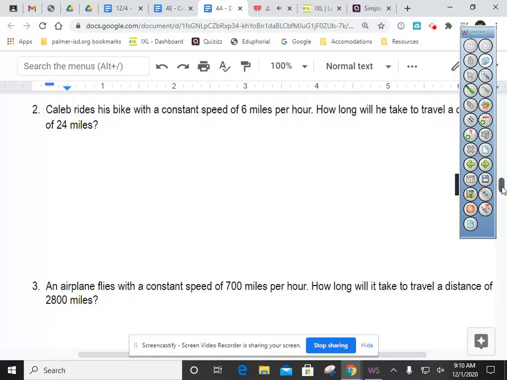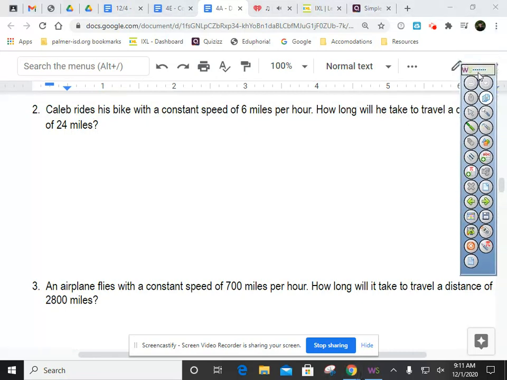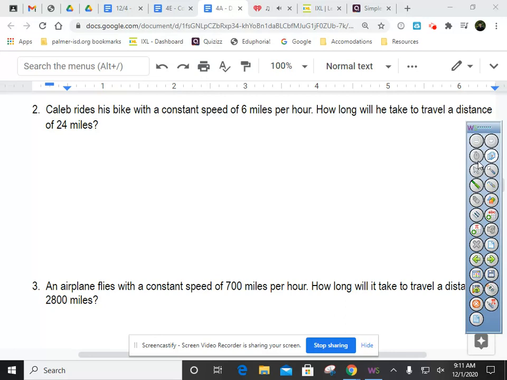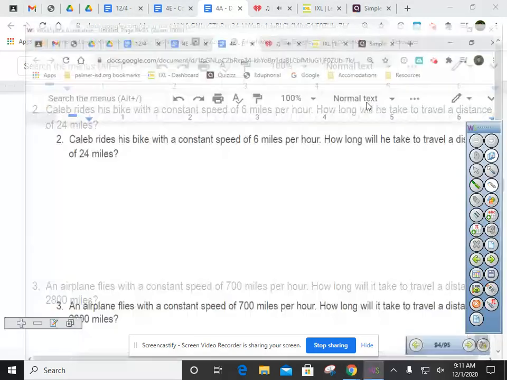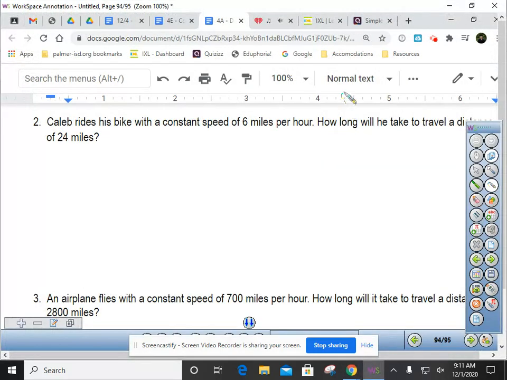Number 2. Caleb rides his bike with a constant speed of 6 miles per hour. How long will it take to travel a distance of 24 miles? What is it asking you for? The time. What's the formula? D equals RT. What is the distance? 24.